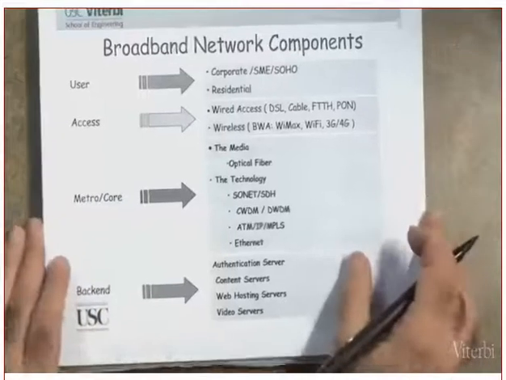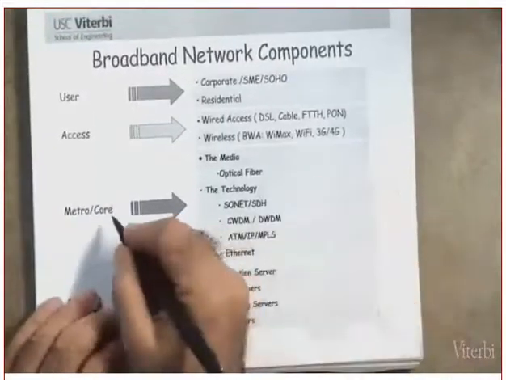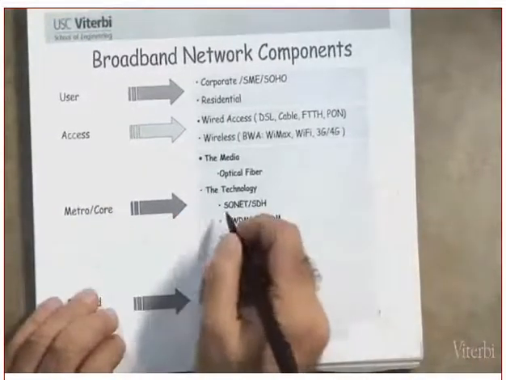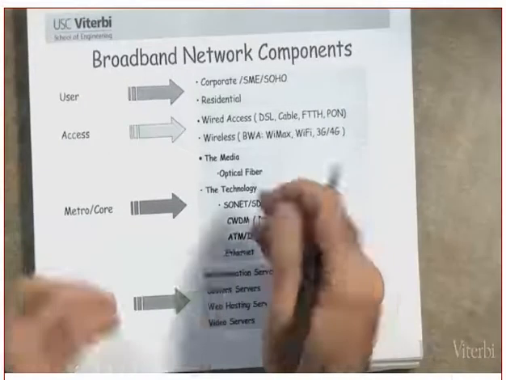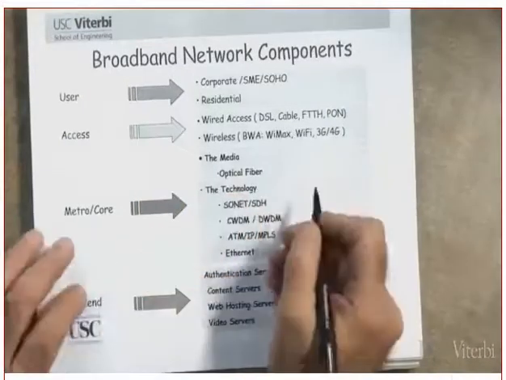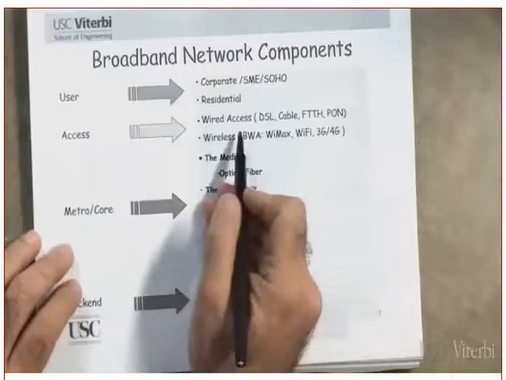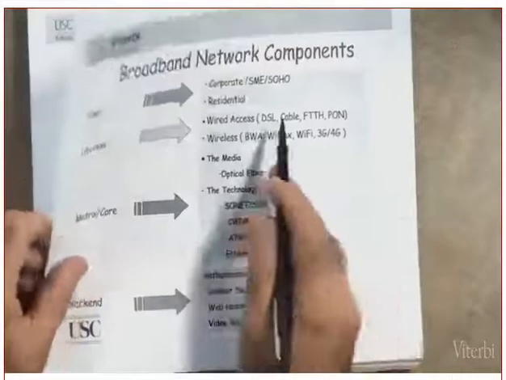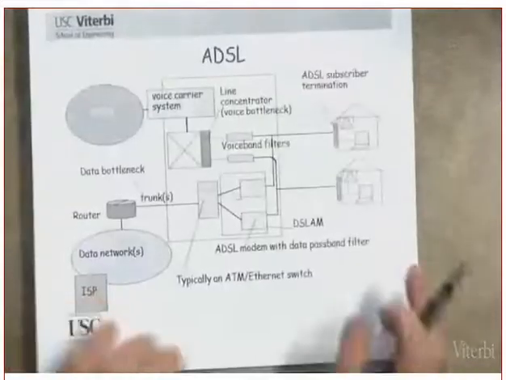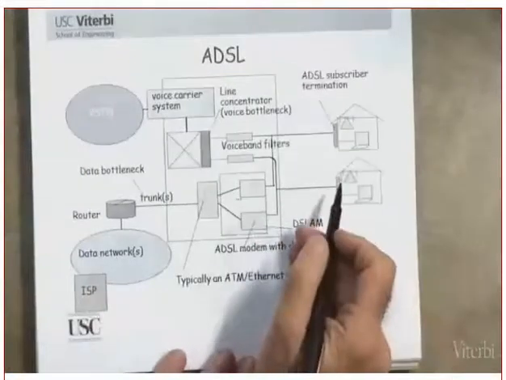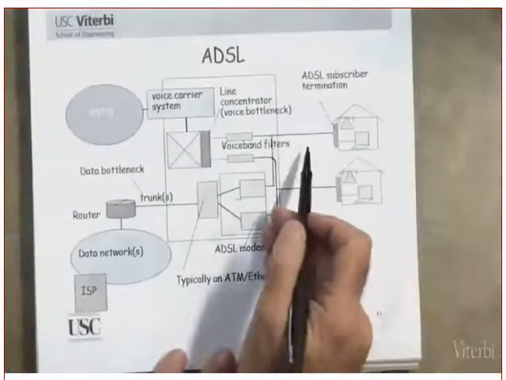Now, most of the efforts currently were on the core and the metro network, trying to increase the capacity of the core, of the backbone. The problem with this statement is that the access remains to be the bottleneck. See, for example, if you look at ADSL, let's see if you remember from EE 450.